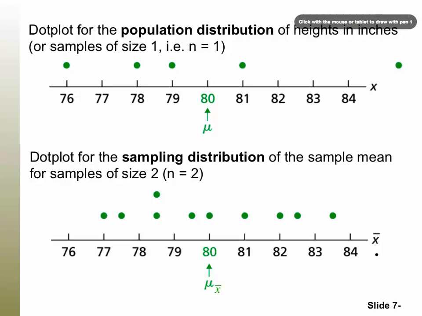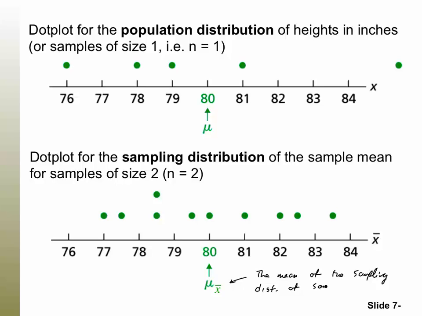Okay, and here's the notation for that, right? It's the mean when our variable is x bar. So this is the mean of the sampling distribution of sample means, right? It's a mouthful. In shorthand, it's the mean of the means.